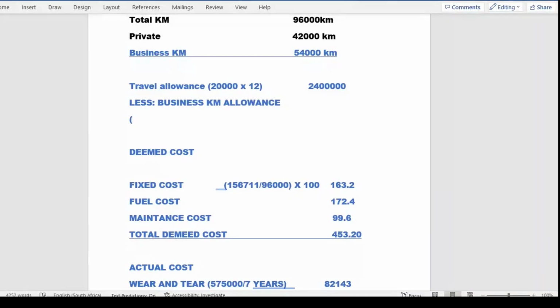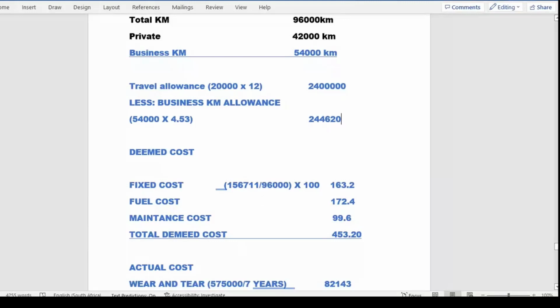So you'd say 54,000, and then you multiply this by 453 cents. So how much is it? 54,000 multiplied by 453 cents, which is 244,620.